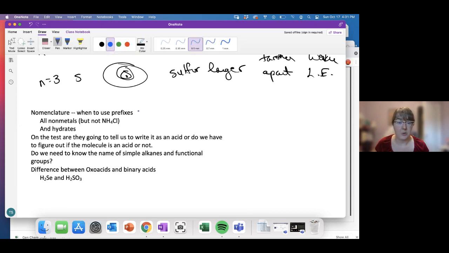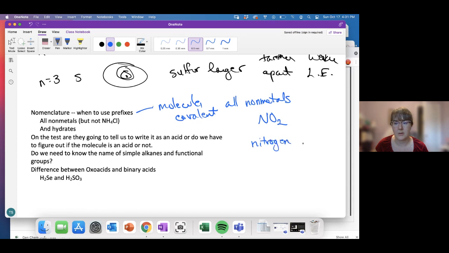Typically, you're going to use prefixes when you have a molecule that is covalent. Now, along with that, that is typically all nonmetals. So we would use prefixes to talk about something like NO2. So this one becomes nitrogen dioxide.